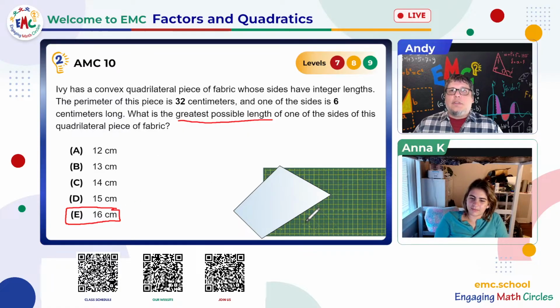Let's try it. So 16 is the longest side. What's the worst possible case? What's the worst thing that could happen?